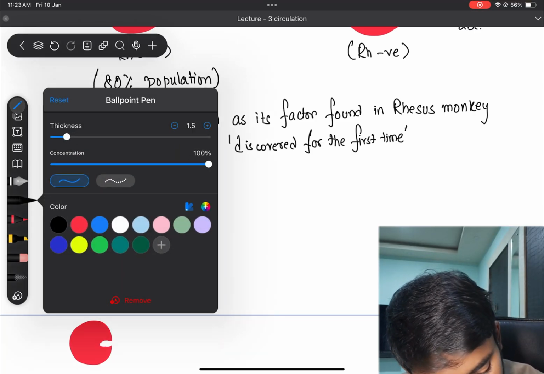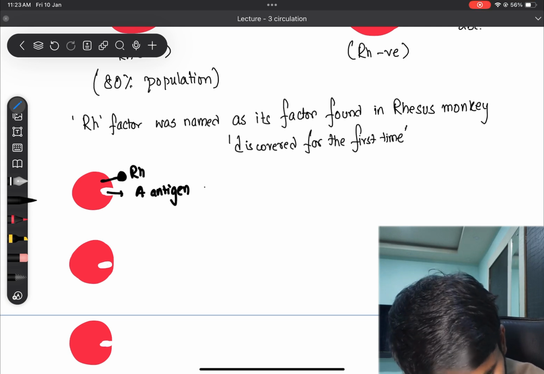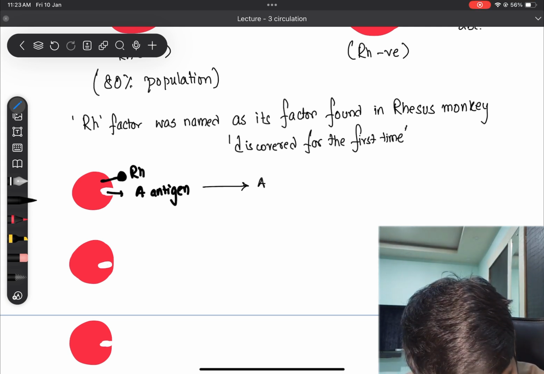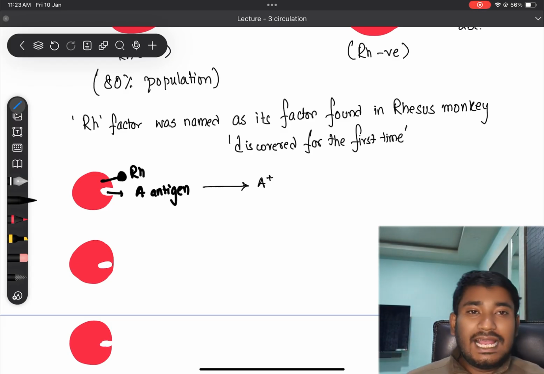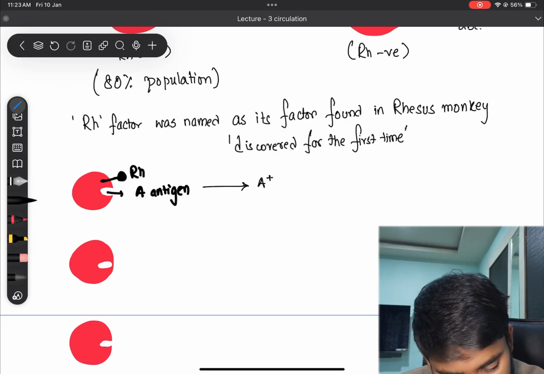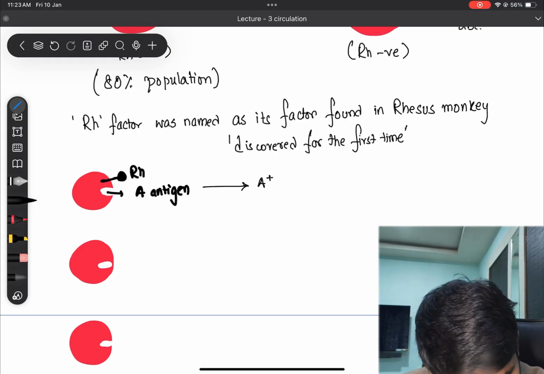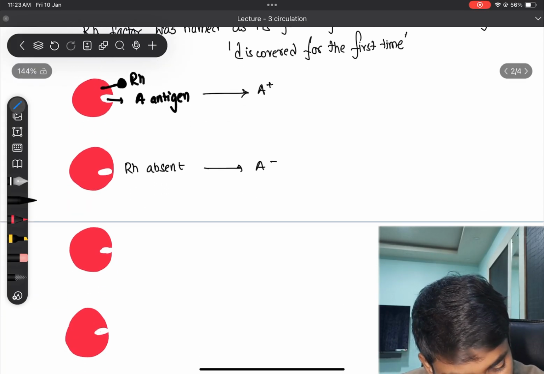It is positive, A positive, because A antigen is present. This is A positive. In this RBC, A antigen is present but Rh absent, so it is A negative.